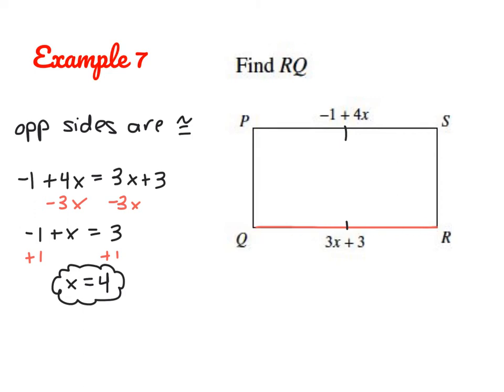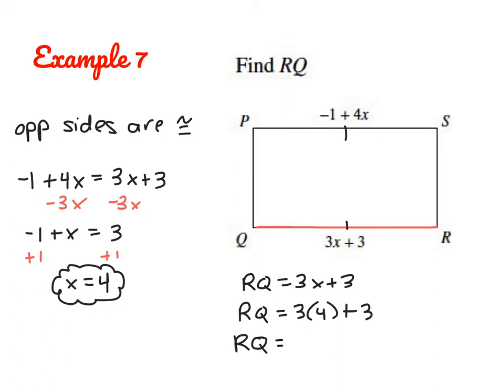Well, I know that RQ is 3x plus 3, so I can substitute x with 4, and I can find the length of RQ. So RQ is just 12 plus 3, which is 15. So always make sure you answer what's being asked. And remember, you do need to make the statement that opposite sides are congruent. That's the only way we were allowed to create this equation. It has to be mathematically sound.